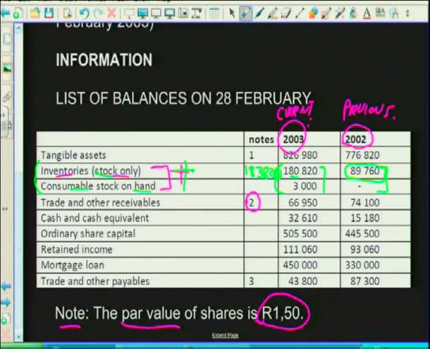Okay, right. So if I now compare my inventory for 2002, there's that figure, 89,760, and I compare it to 2003, can you all see there's obviously been an increase in inventory? In other words, we've obviously purchased a lot more stock. So let's now record this into our cash flow statement, note number 1, not the statement itself.